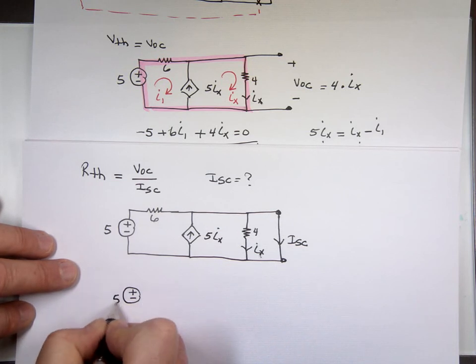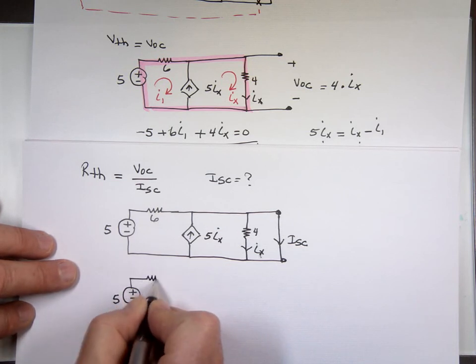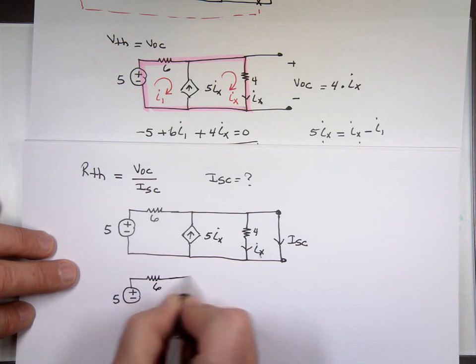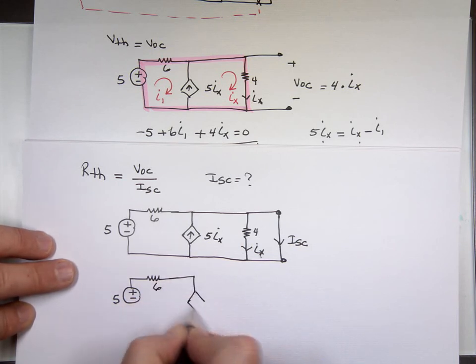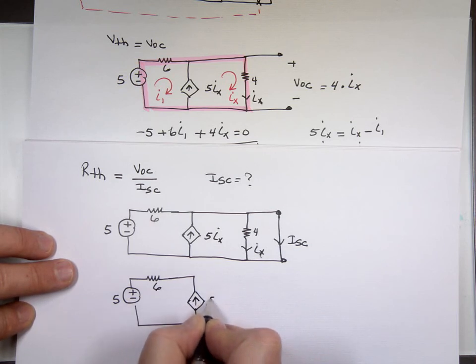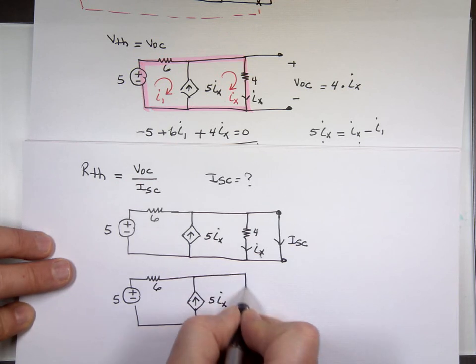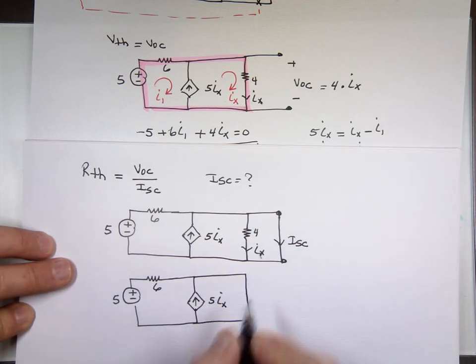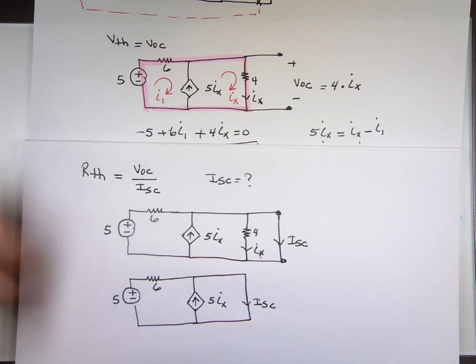5, 6, 5 I sub x, the other thing I know that I sub x is 0.